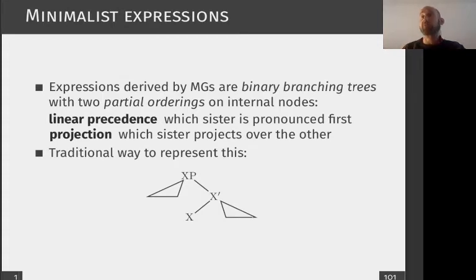Our trees, our derived structures, are going to be ordered according to linear precedence, according to pronunciation order, not because I'm taking a strong position against Kayne or against anti-symmetry or whatever, or that I firmly believe that they need to be ordered, just because it's easier.